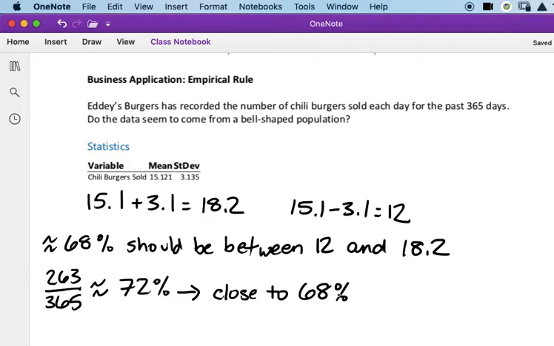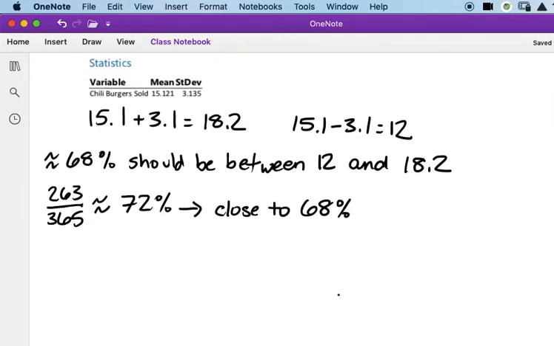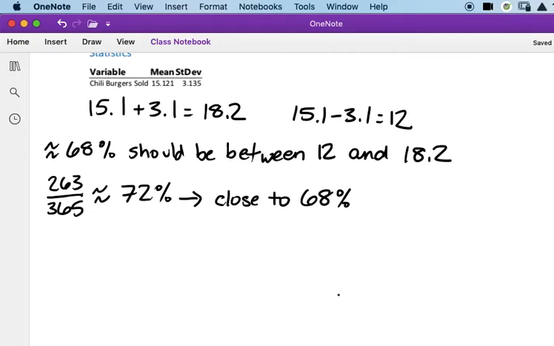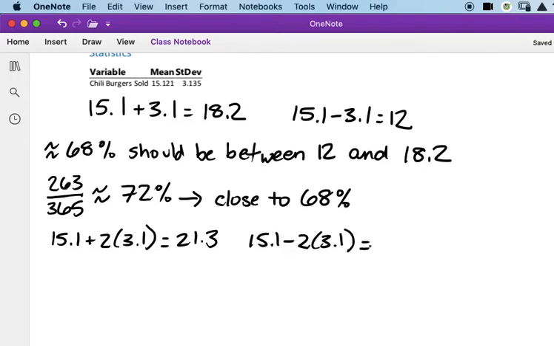Now I need to repeat this process for within two standard deviations of the mean, and within 3 standard deviations of the mean. So I'm going to calculate 15.1 plus 2 times 3.1, and that's going to be 21.3, and 15.1 minus 2 times 3.1, and that's 8.9.